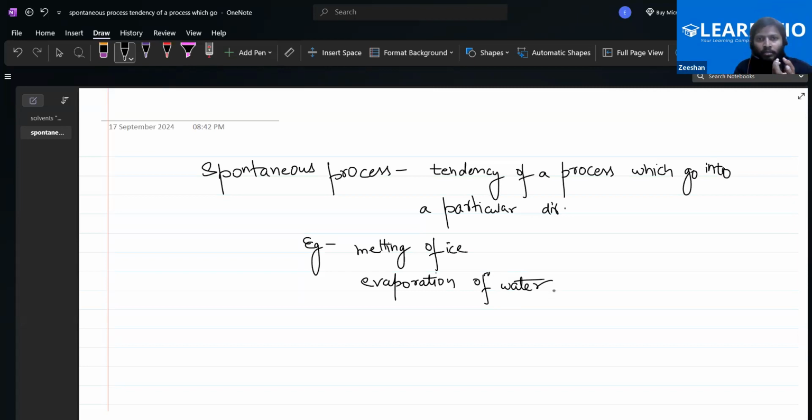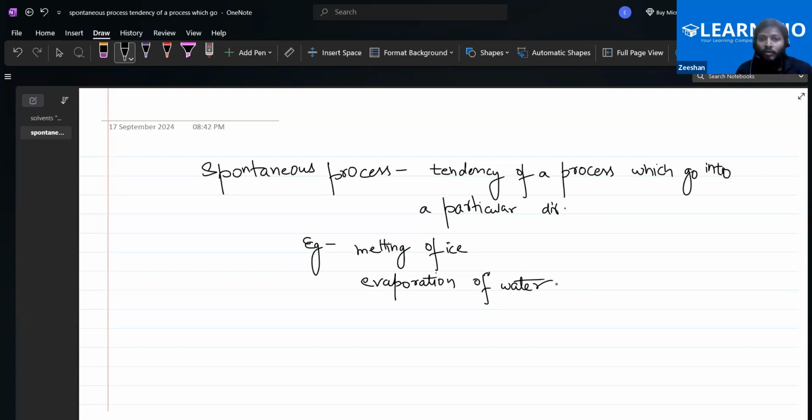I think the class is with 100 degrees Celsius, but no, the evaporation of water takes place at every temperature. For example, put some water in any cup and leave it for 2 days. The level of water will reduce. Has anybody observed this?